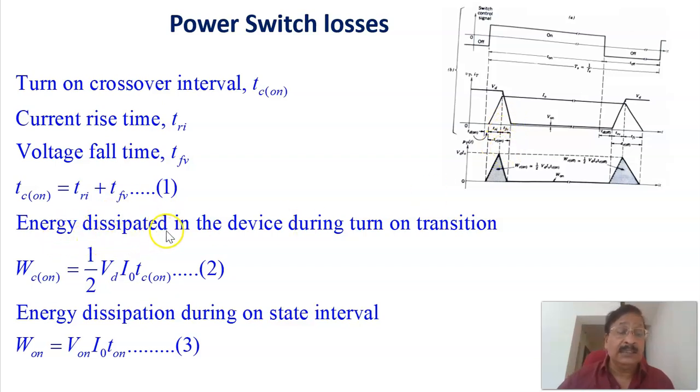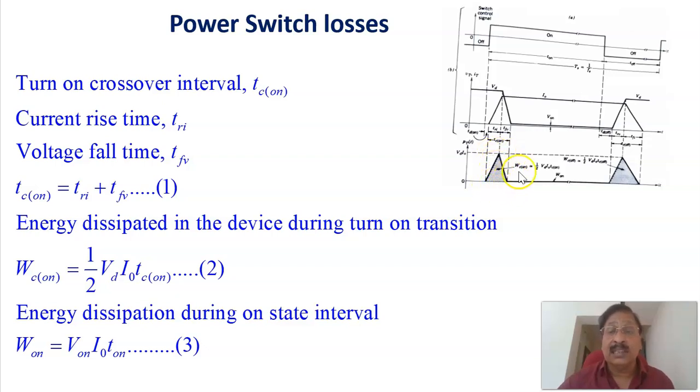During that period, the energy dissipated in the device is given by this triangle, or this area represents the energy loss during this period. Since the area is representing it, it is the area of this triangle, which is equal to half base into height.